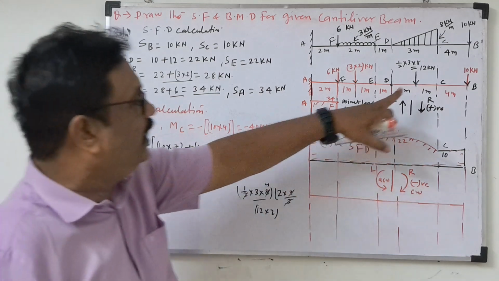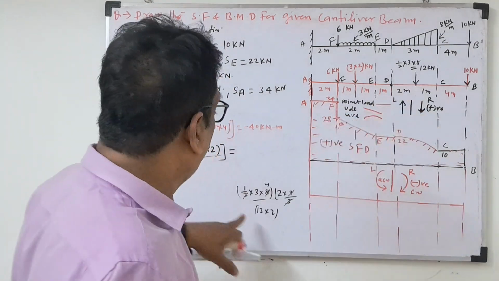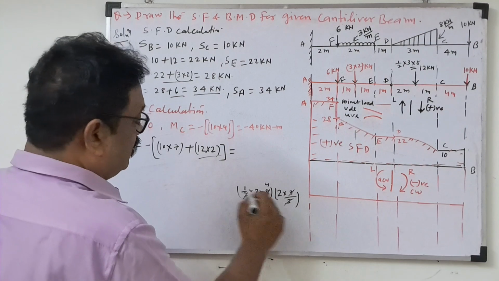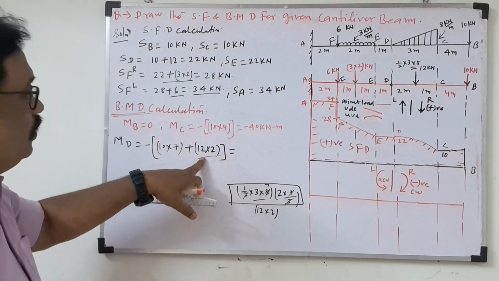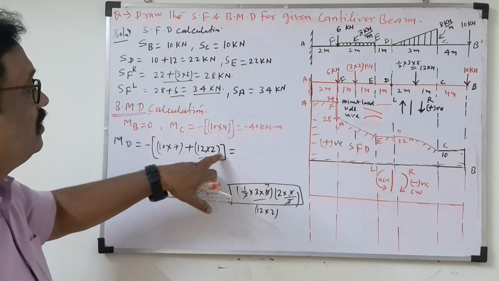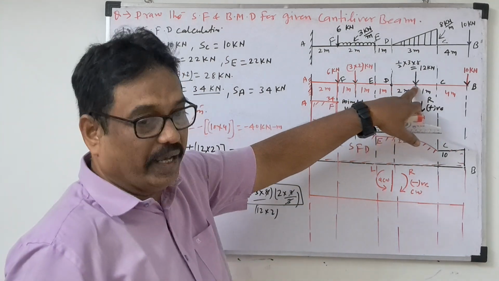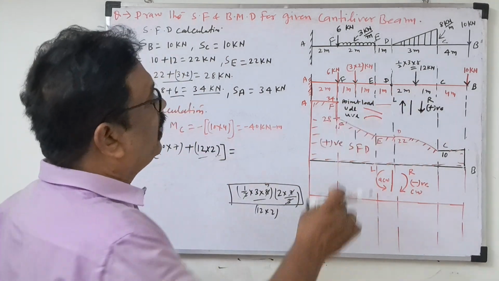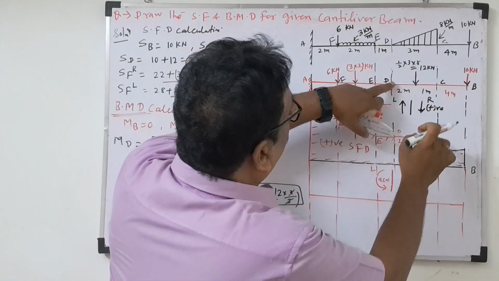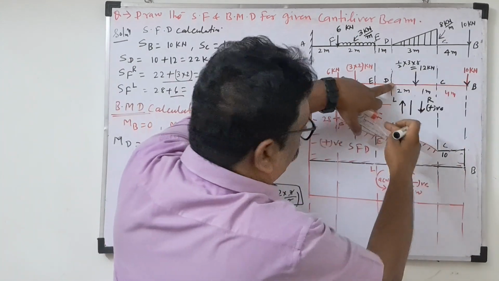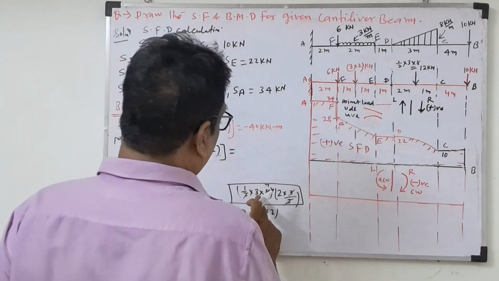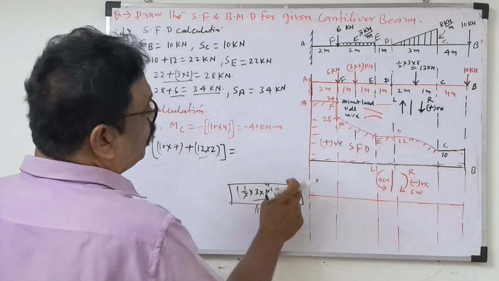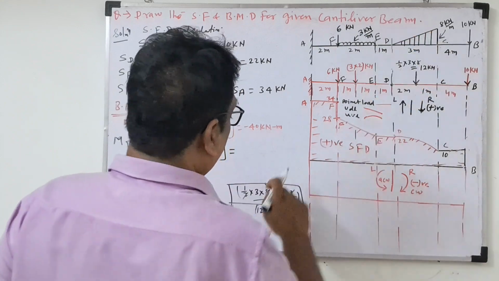If you are doing the point load, how simple. No need to write this part. This part is equal to this only. Why is this possible? Because we already did the load diagram. So once you are calculating the moment, see how easy this is. Point load rotation, everyone knows. Or this part, if you know directly 1 by 2 load into 2 into h by 3, the distance.